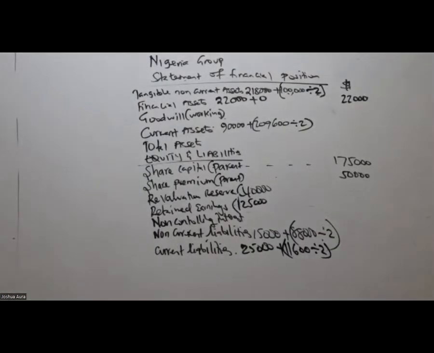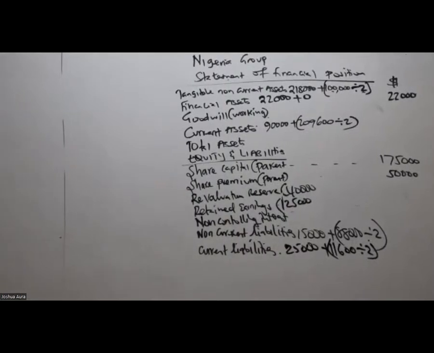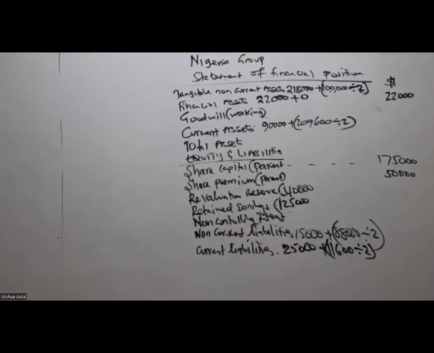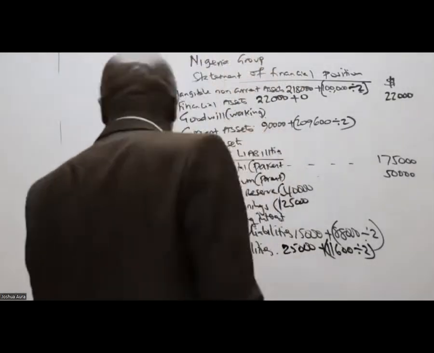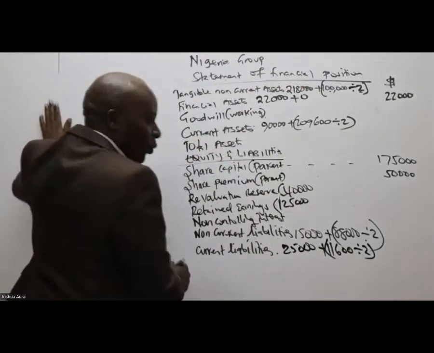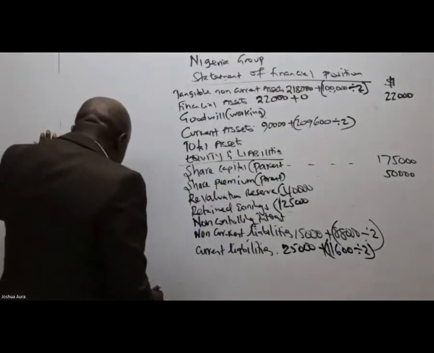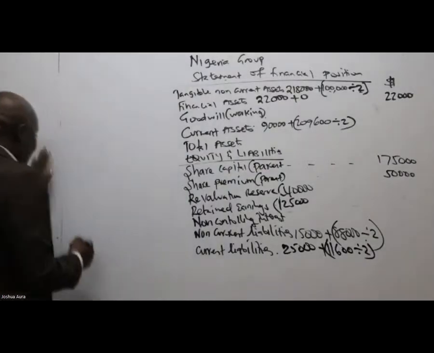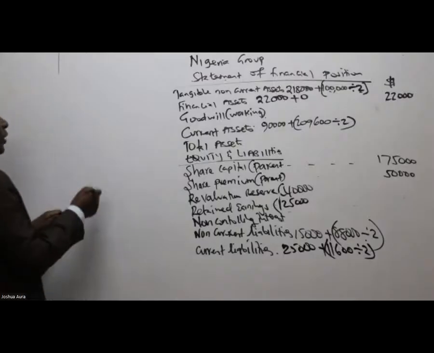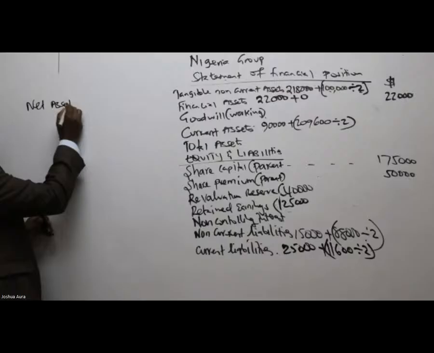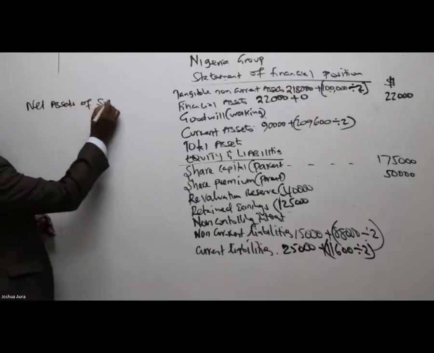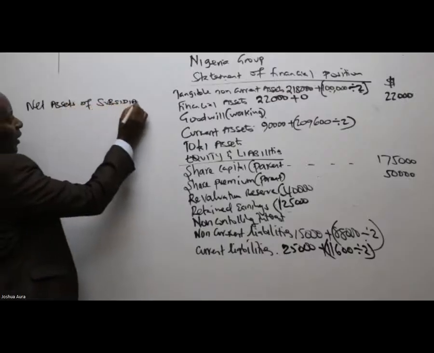So please go ahead and give me the net assets of the subsidiary. Now we are dealing with the net assets of the subsidiary. 3 marks really.